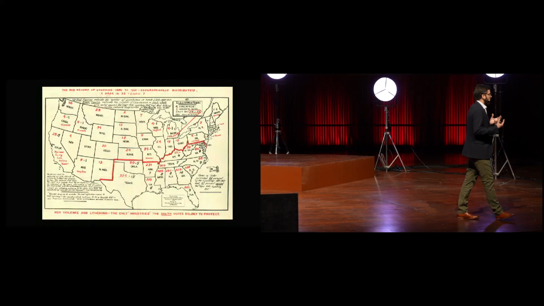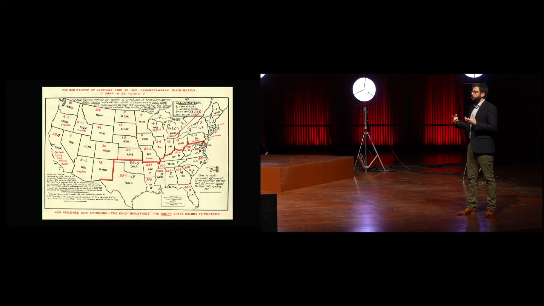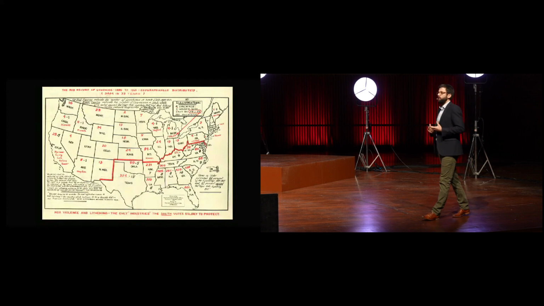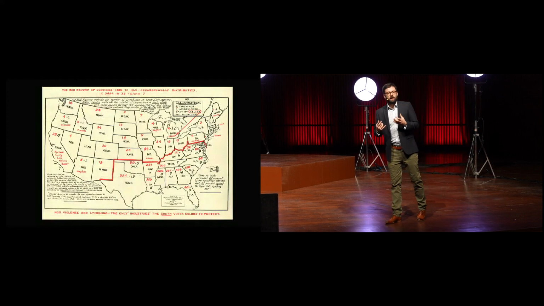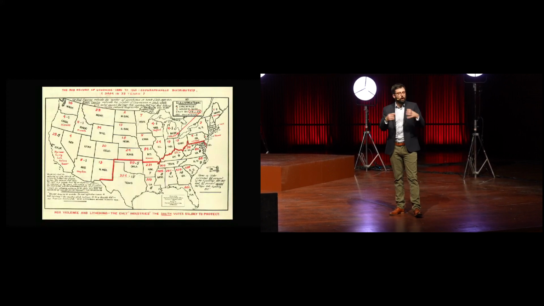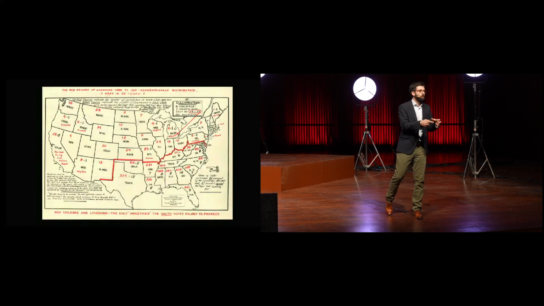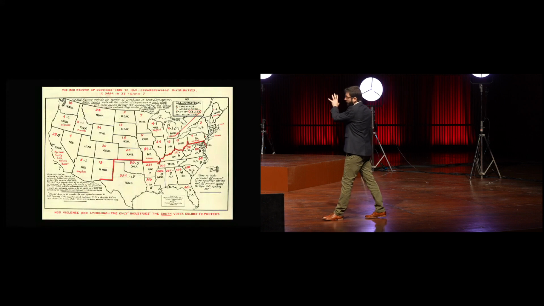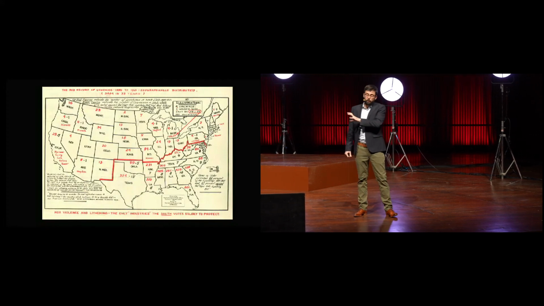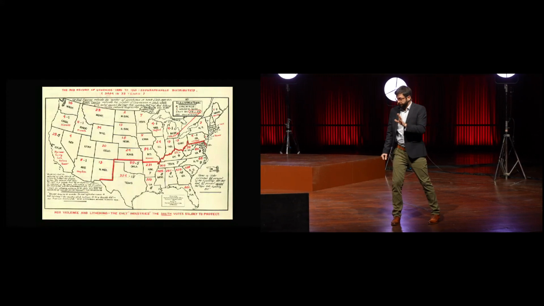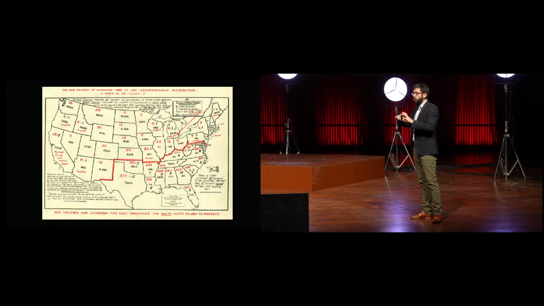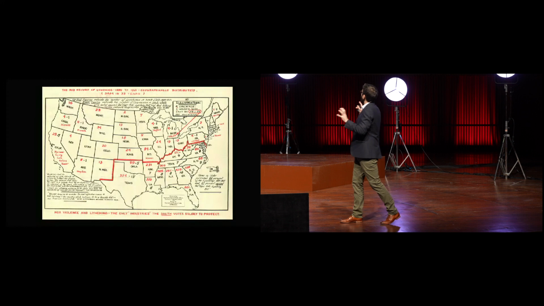So it was an issue in the US where those who did not wish to bring forward legislation against lynching were saying it was a local issue, it was a local governance problem, not a national issue. And so pioneers like this group of women and many others created national maps to show that it was a national problem.